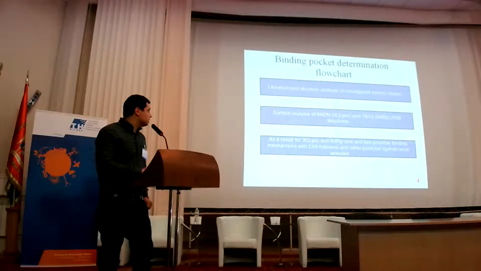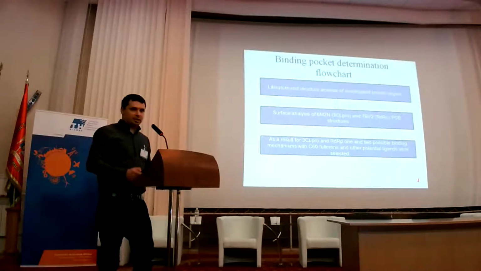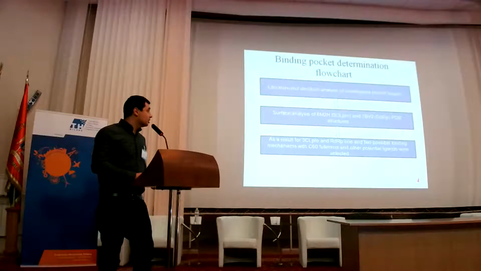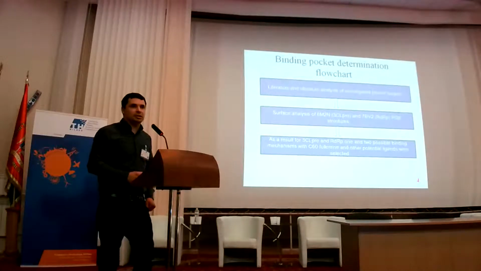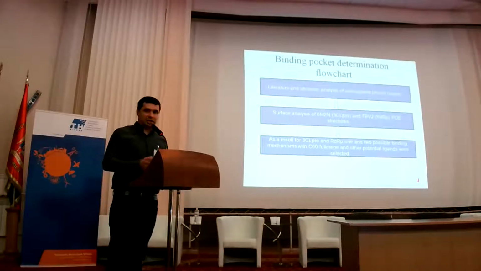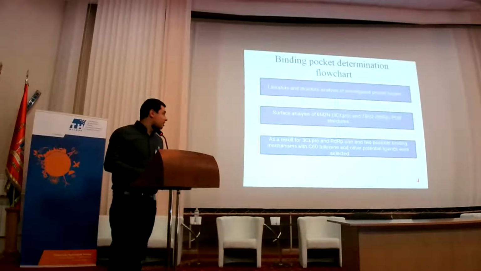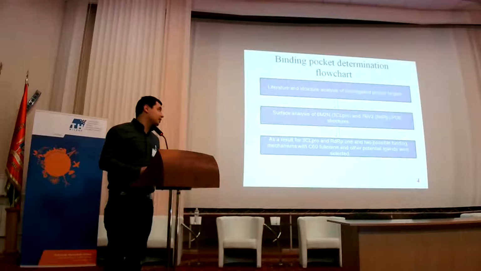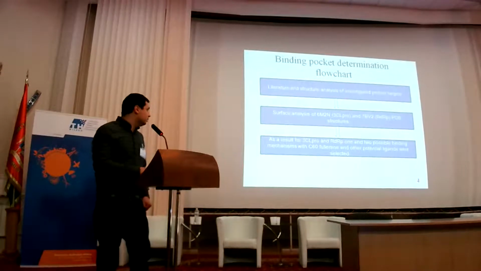In the first stage, we did the literature and structure data analysis. After that, we analyzed all the binding pockets we could find in the literature data, and selected PDB structures from the protein data bank to carry out the calculation, and analyzed the surface as well.